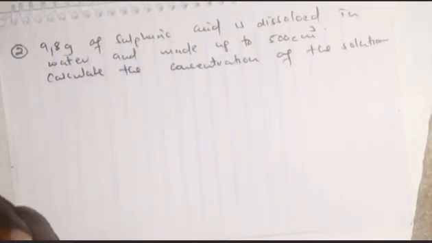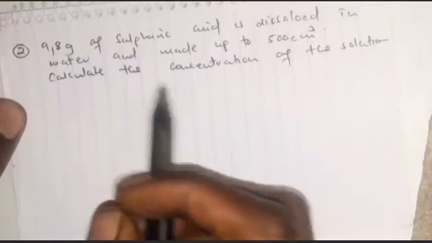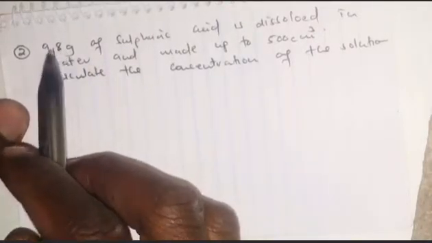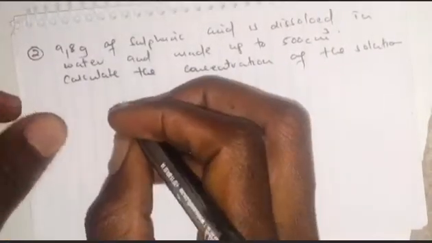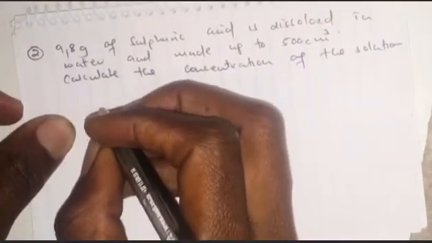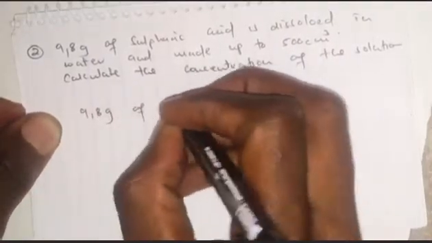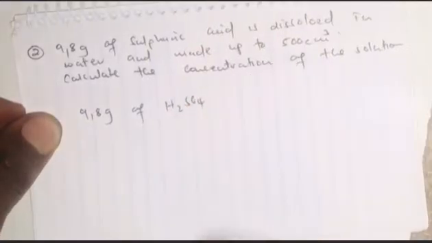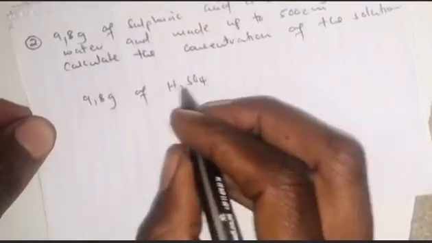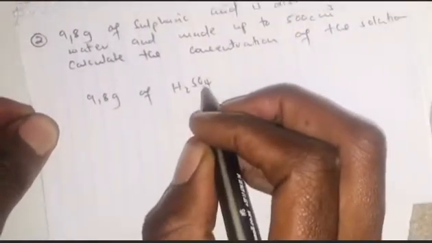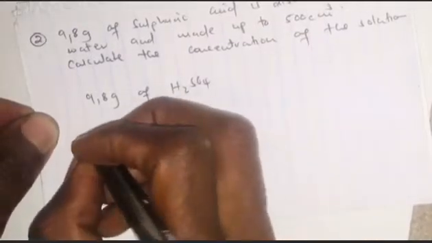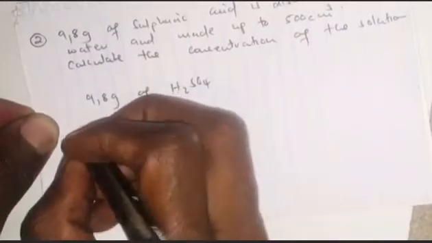So it's very important for us to know the formula of sulfuric acid, so that we may use this mass to look for the number of moles. So we've got sulfuric acid, 9.8 g of H2SO4.